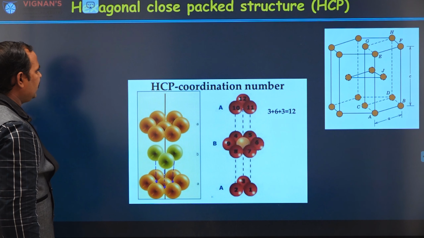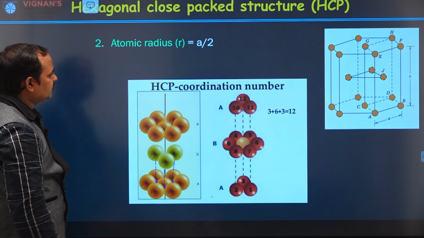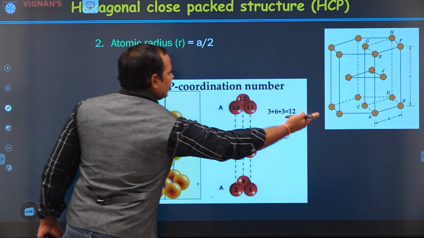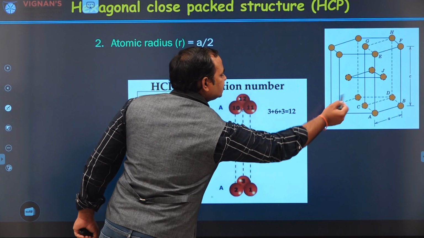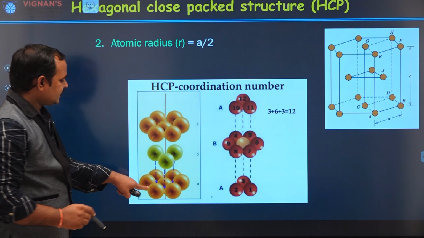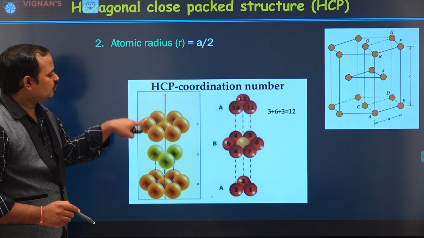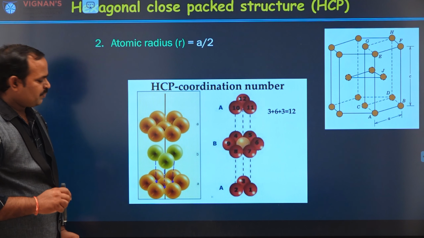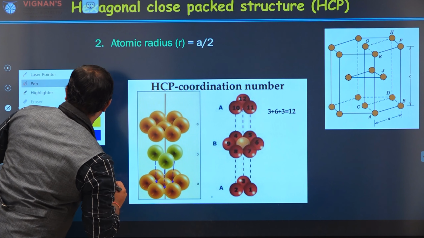Next, let's find out the atomic radius. This is a hexagonal close packed layer, and the same thing is represented here. You can see a hexagon, 6 atoms with one center atom. In between, there are 3 atoms lying inside the unit cell. Now you can see the atoms are in contact with each other.